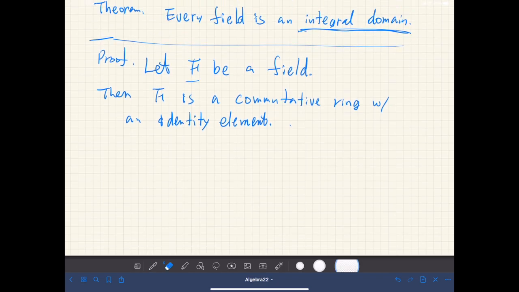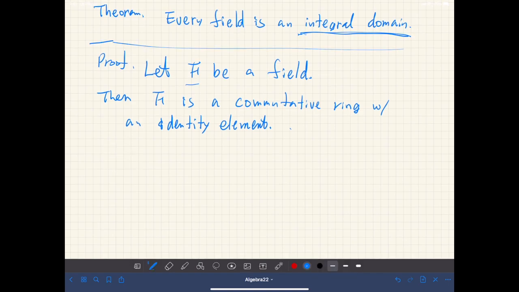So suppose A and B are elements of F, and suppose AB is equal to 0. Here 0 is the 0 element of F, not necessarily the number 0, just an element.